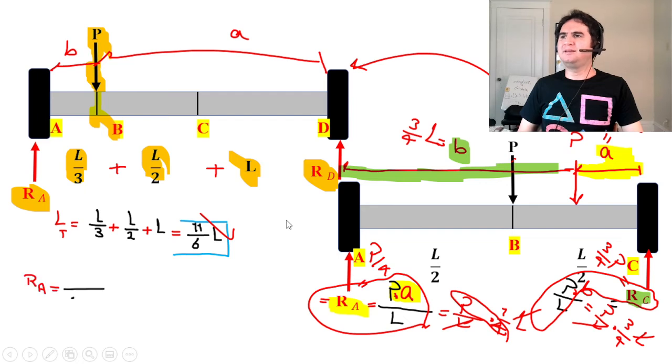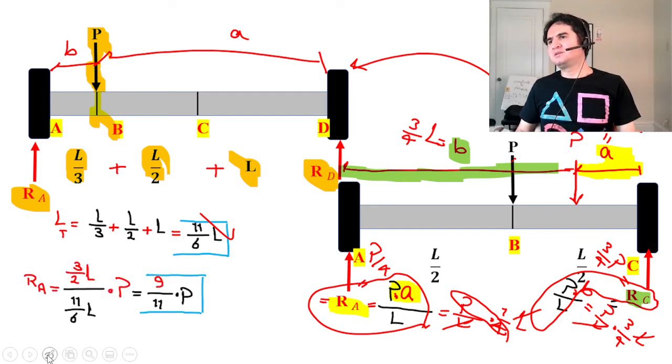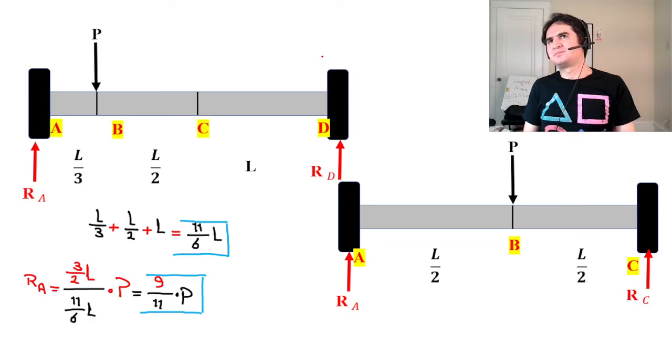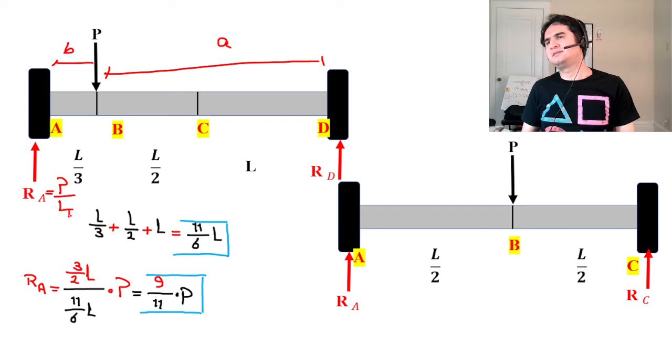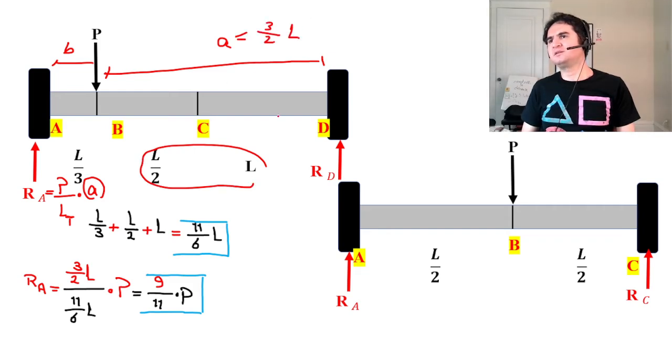Then the reaction at A is nothing but P over total length LT times A. A is L over 2 plus L, so that's 3 over 2 L, 1.5 L. And the total length we calculated, LT, is 11 over 6 L. So 3 over 2 L at the numerator and 11 over 6 L in the denominator times the total force.